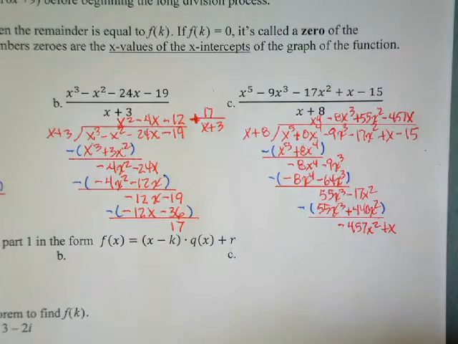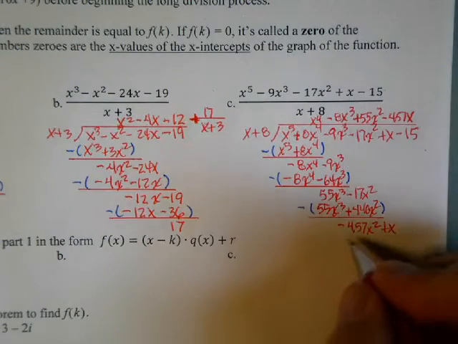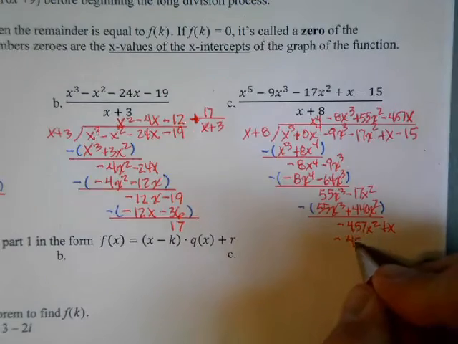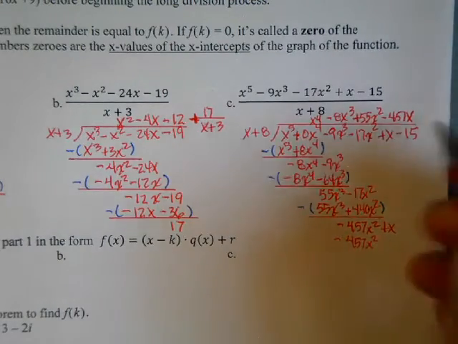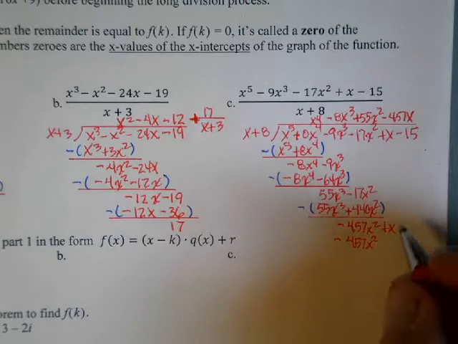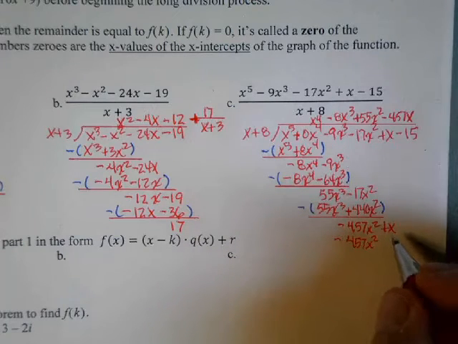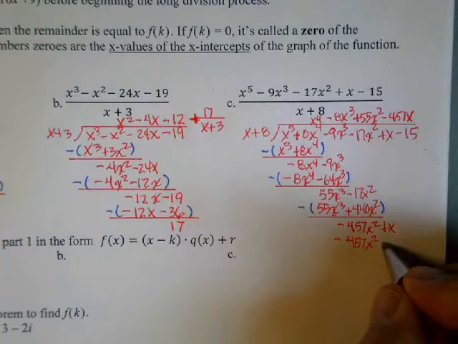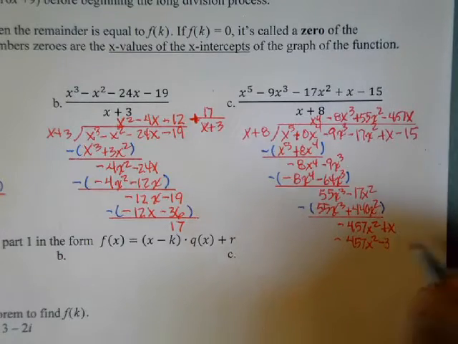That'll give me negative 457x squared, 457x times x. And then 457 times the 8, let's see, that'll give me a negative 3656x.